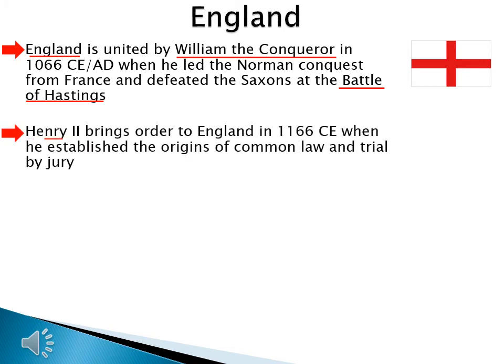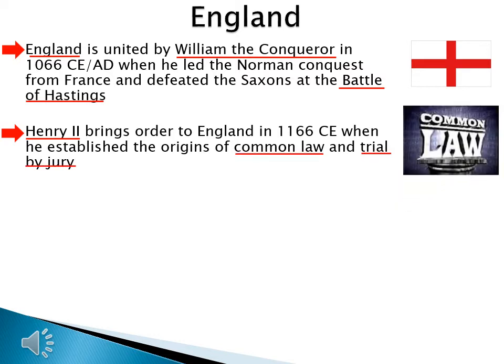Henry II brings order to England in 1166 CE when he establishes the origins of common law and trial by jury. It's Henry II who gives us a uniform law in England and allows the English to be tried by their peers. Not all kings do such a great job.